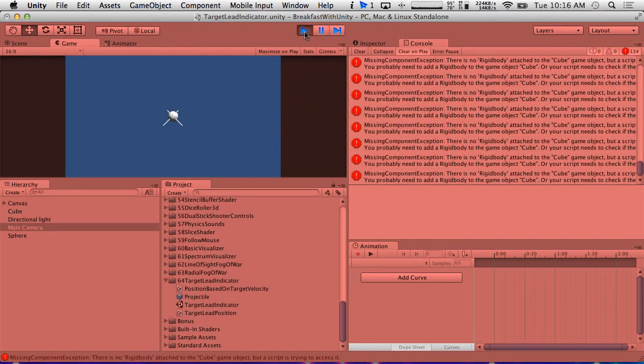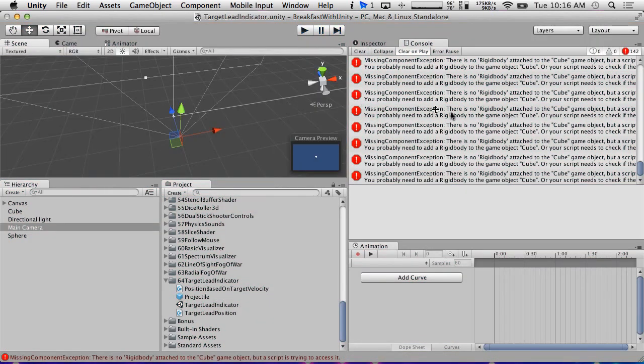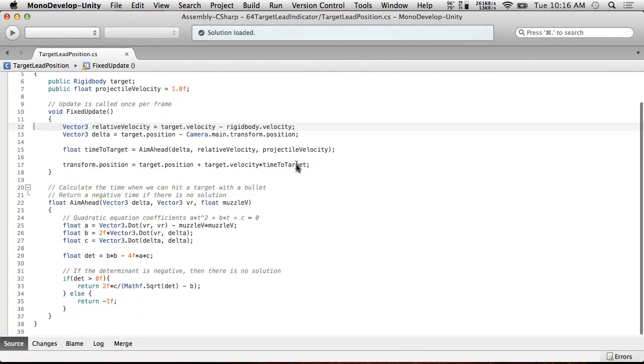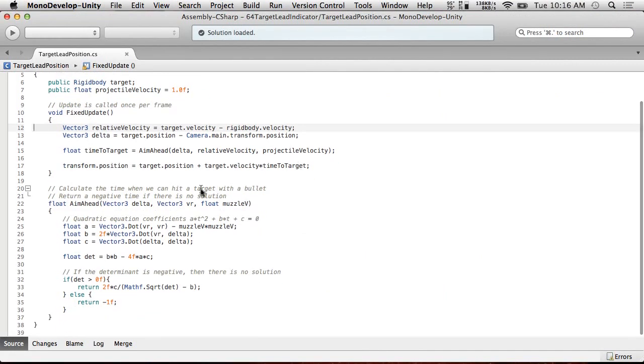And missing component exception. There's no rigid body attached to target lead position. Okay, so we need to get the player information out of here. I don't want rigid body velocity. I actually want the player velocity.